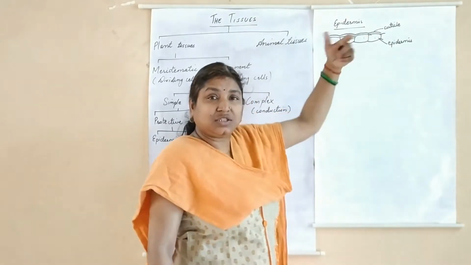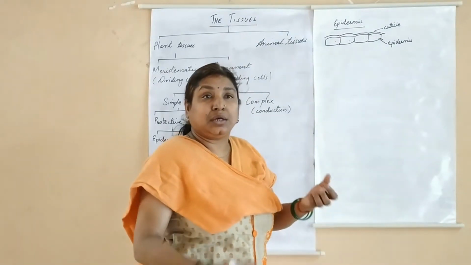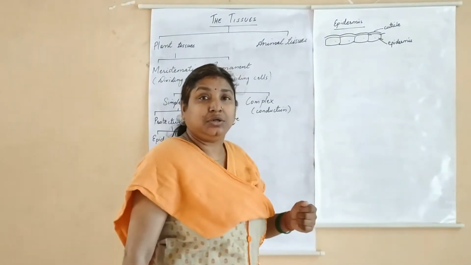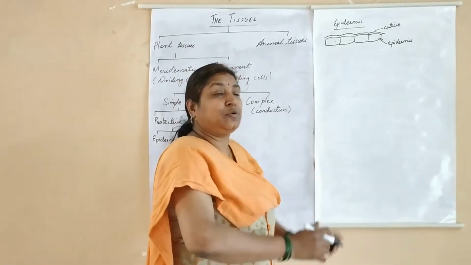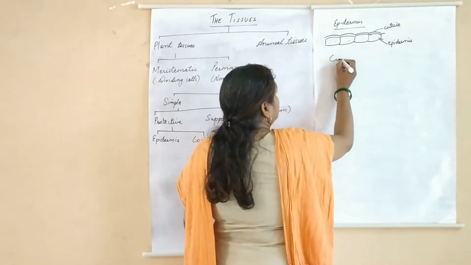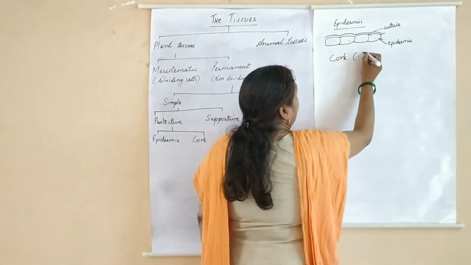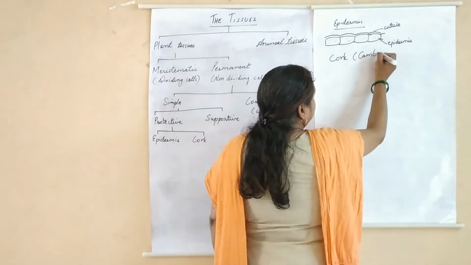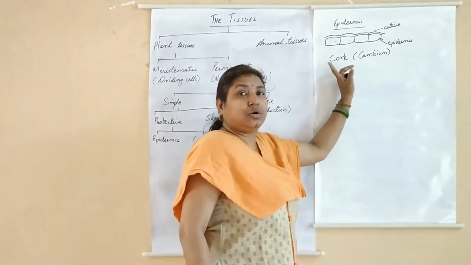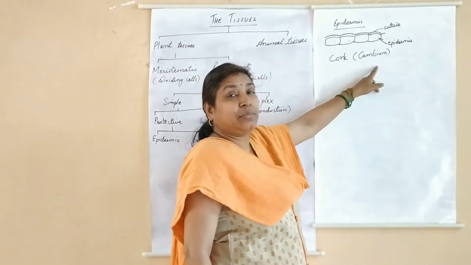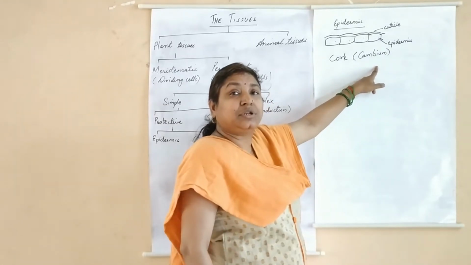But as the plants mature and cells become very rigid and dead, another type of tissue called cork cells, also known as cambium, develops just below the bark of the tree.